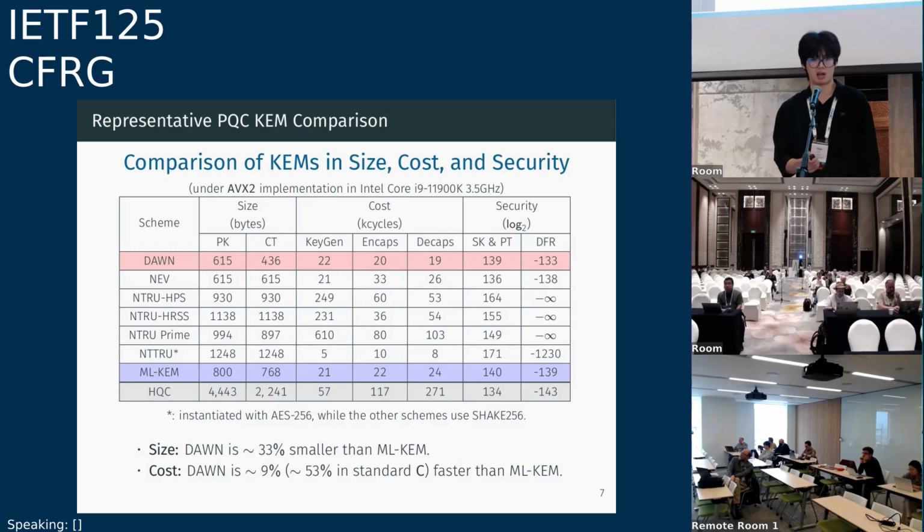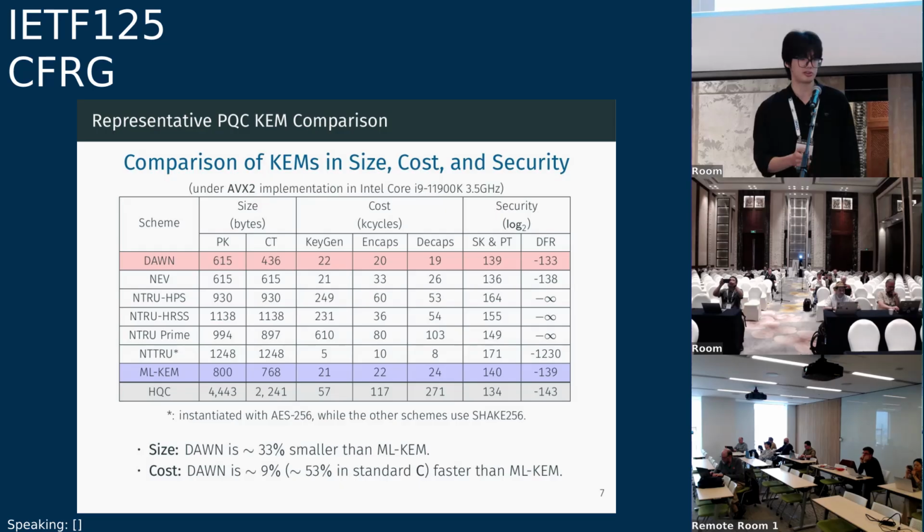We highlight Dawn and ML-KEM as a pair to compare, since Dawn has about the same security as ML-KEM, and the size is about 33% smaller, while it even has faster efficiency. All the data shown here is still in AVX2, and in a standard C implementation, the gap will be larger.